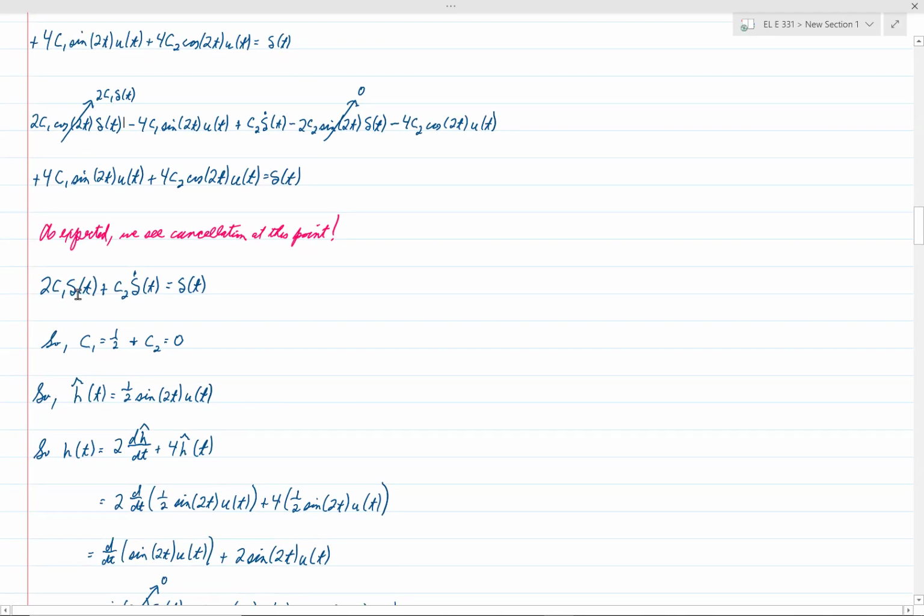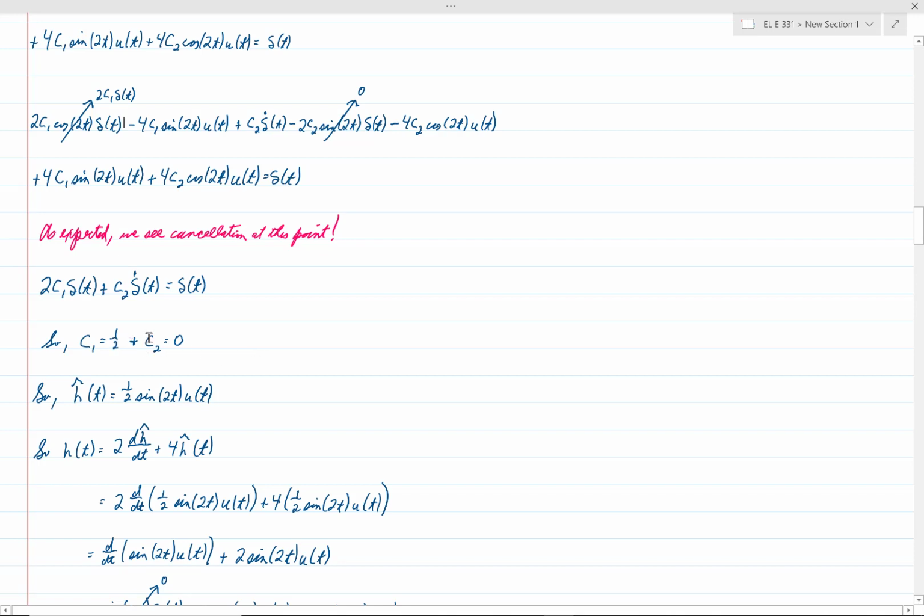And it's very easy to solve for the coefficients because there's no delta dot on the right-hand side, so c2 must be 0. And as far as c1 is concerned, we have a 1 delta of t on the right, so we must have a 1 delta of t on the left, and therefore 2c1 must be equal to 1, or c1 must be 1/2. So it's just that simple.